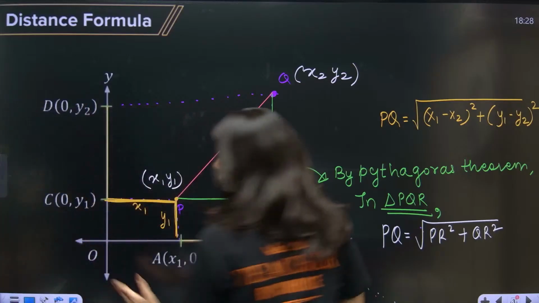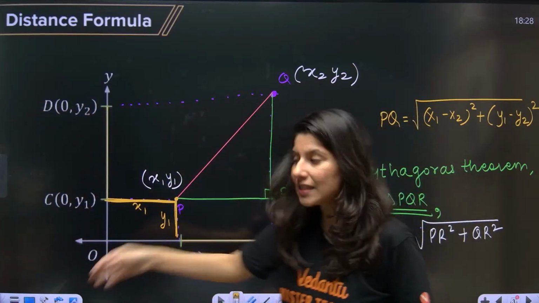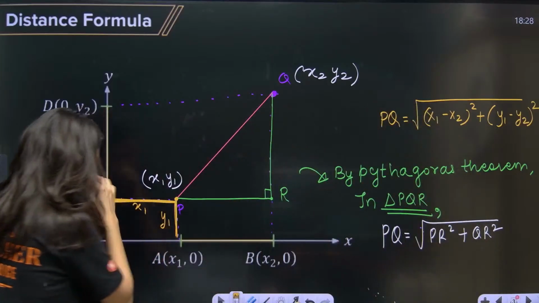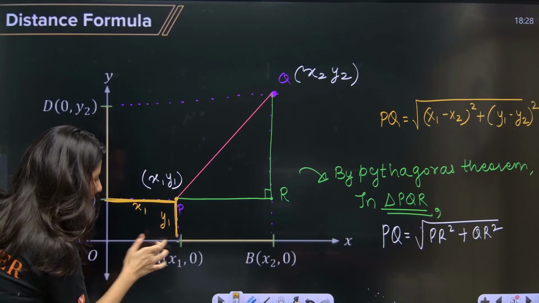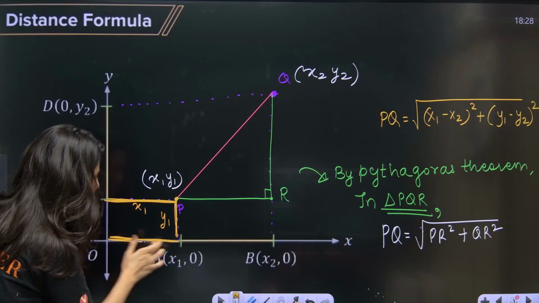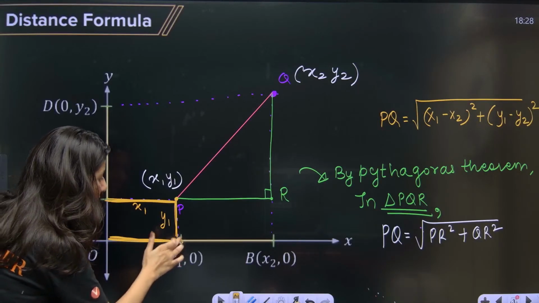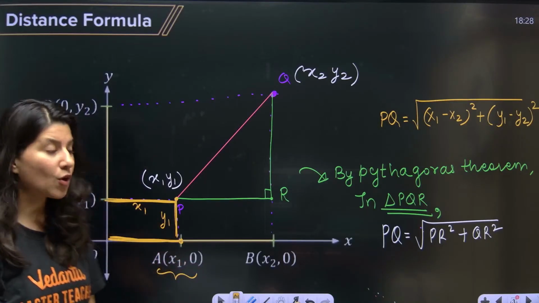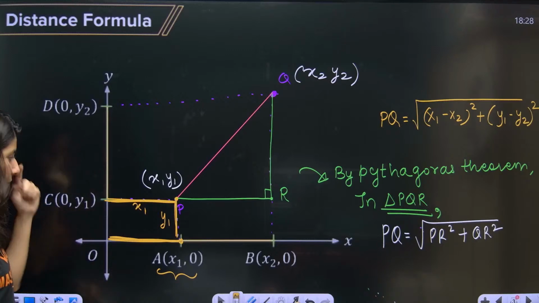Horizontal distance will be obviously from y-axis and vertical will be from x-axis. Okay. So now tell me one thing, if this distance is x1, then this distance will also be x1, yes or no? And if this distance is x1, so can I say that this coordinate of point A is x1 comma 0? Everybody, yes? Okay.